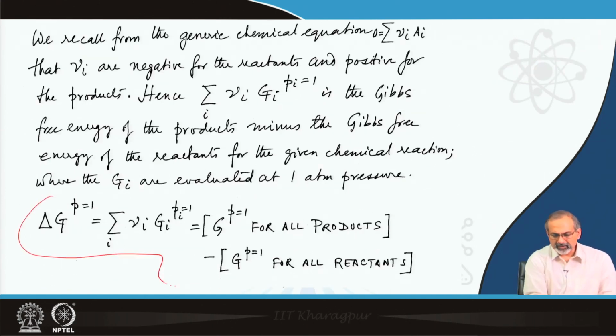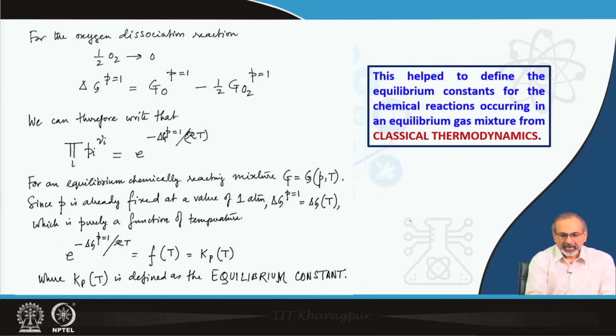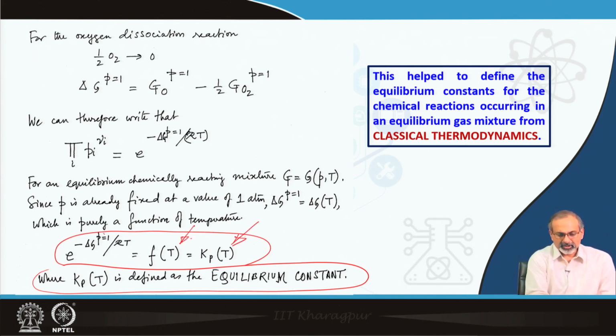We showed that the change in the Gibbs free energy for a fixed pressure of 1 atmosphere is nothing but the change in the Gibbs free energy between the products and the reactants. And we finally ended up defining the equilibrium constant related with the chemical reaction, which we define as Kp, where it is found to be a function of T, because we have already set the pressure to a constant.